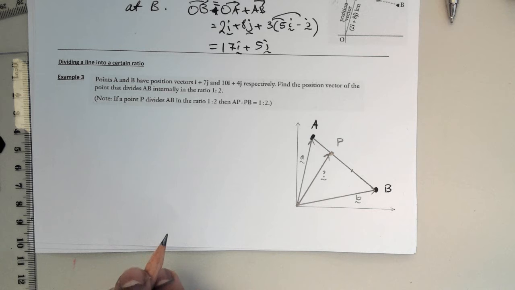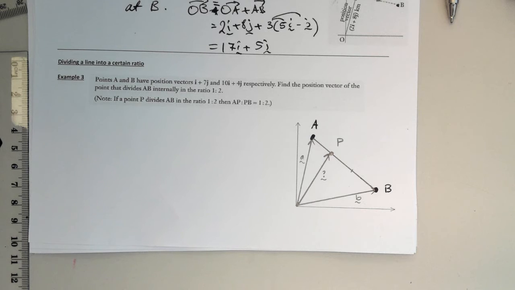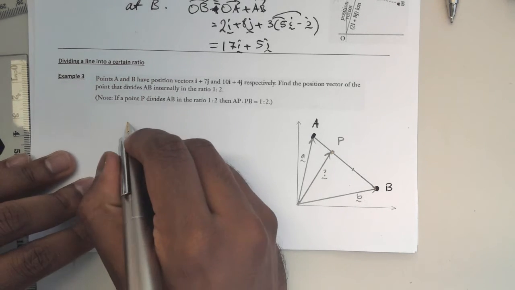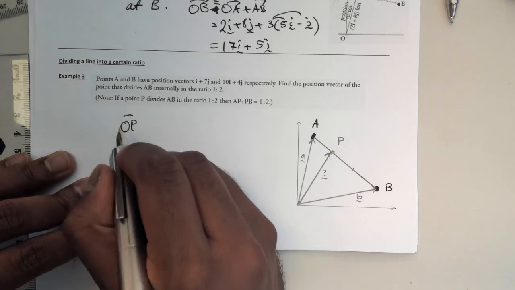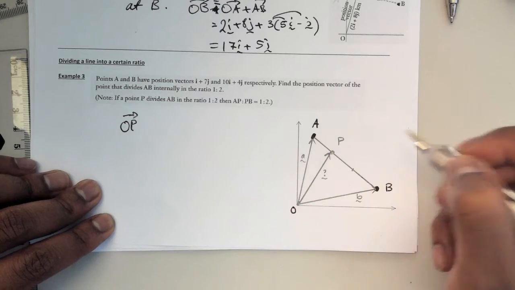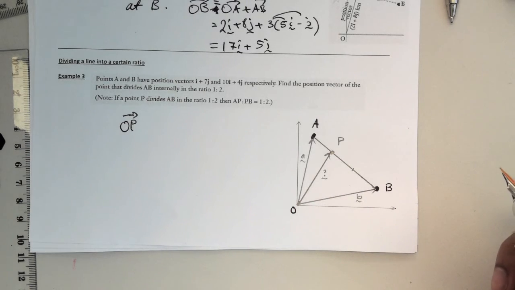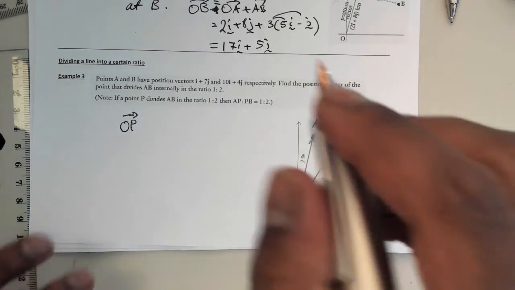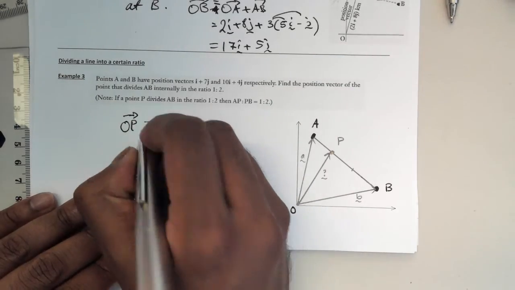So visually, we're trying to find this bad boy over there. What I want is OP, the position vector from O to P. How do I get there? I can do this two ways.